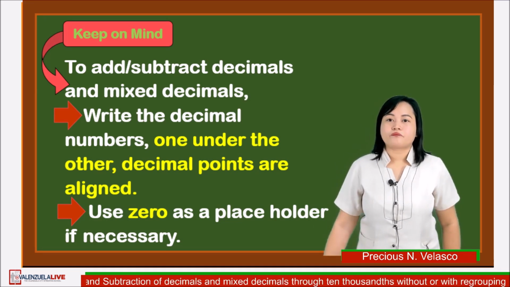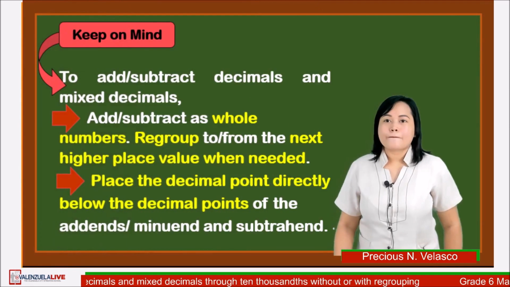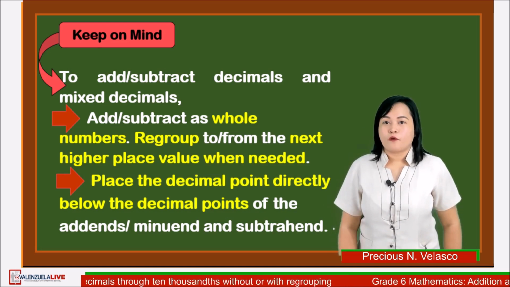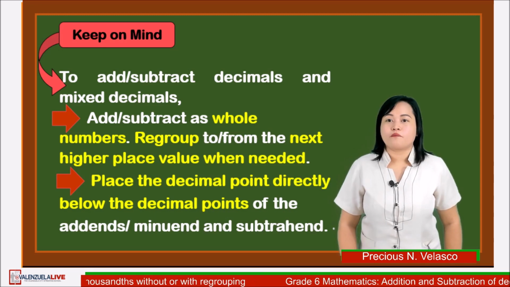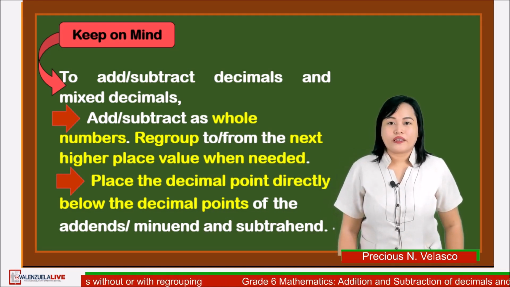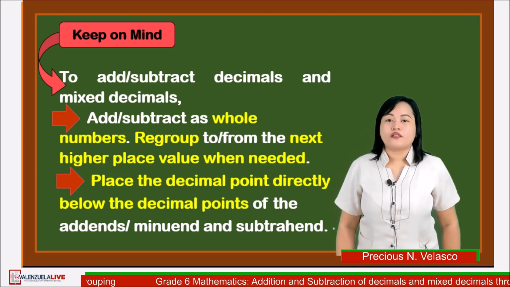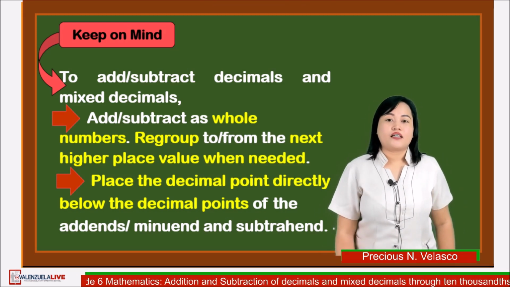Next, add or subtract as with whole numbers, regrouping to or from the next higher place value when needed. Then place the decimal point directly below the decimal points of the addends, or the minuend and the subtrahend.